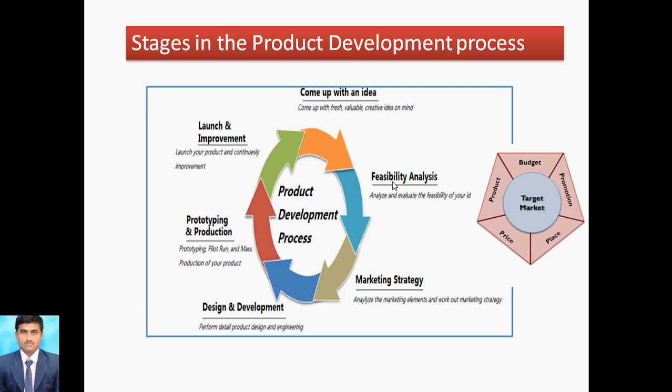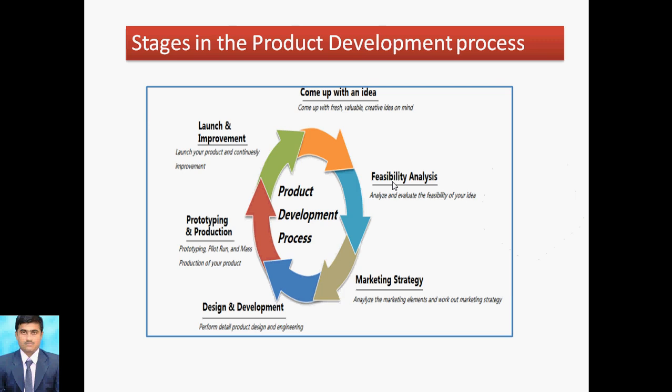Then we move to the design and development phase. Here we decide factors like limitations, tolerances, and shape. According to our planning, we design, and after finalizing the component we give it for prototyping.